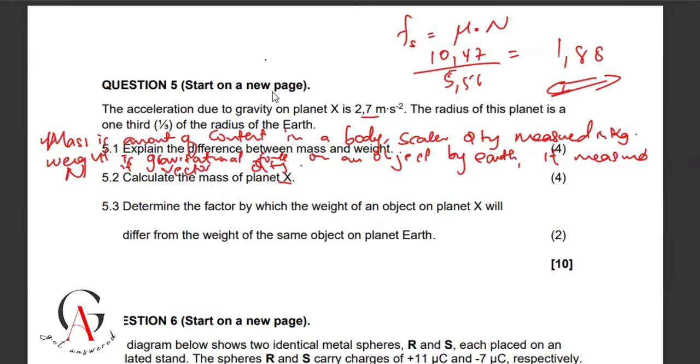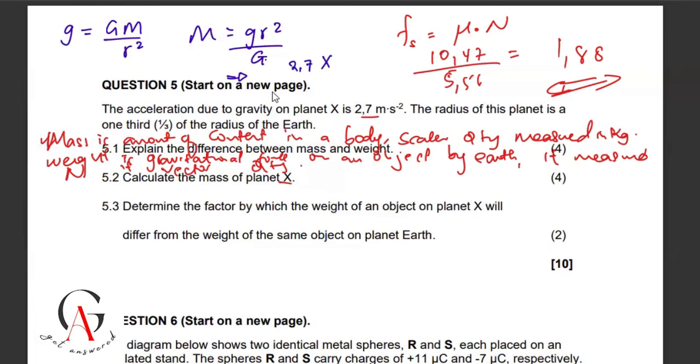So what we're going to do, since we have the gravitational force, we're going to say g is equal to GM over r squared. We are interested in the mass, so the mass is going to be g r squared divided by the capital G. So we substitute that. What is our g? We know that our g is going to be 2.7.